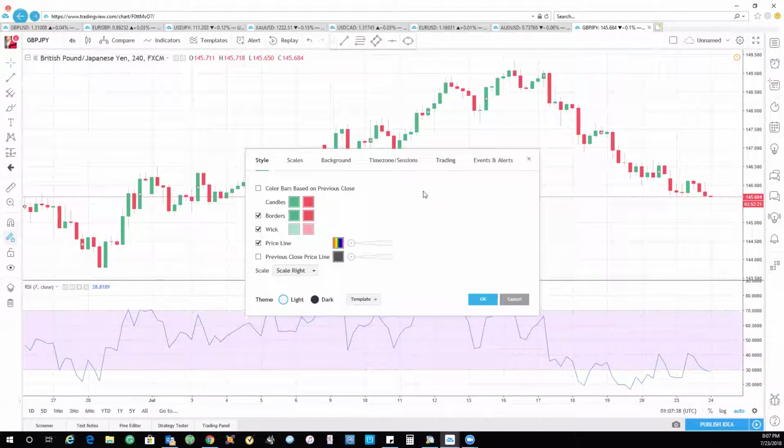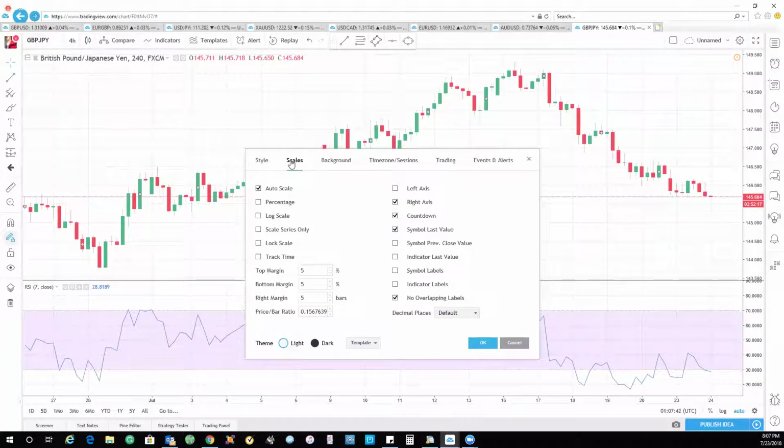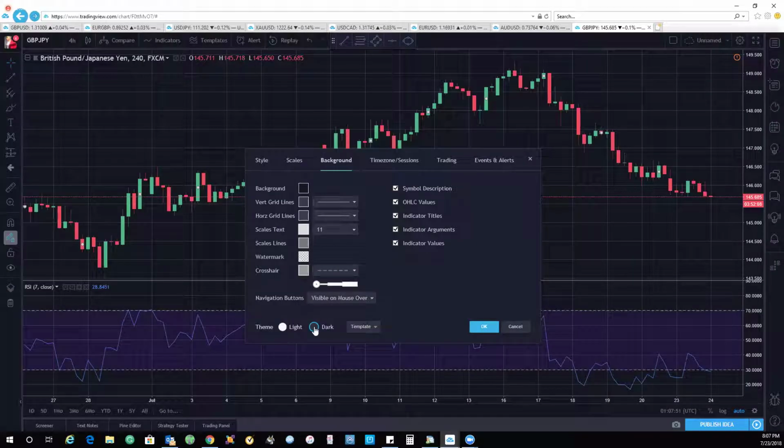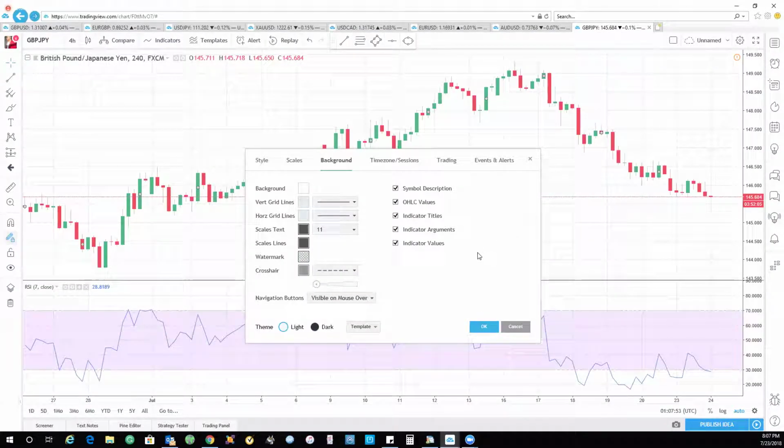Clicking properties gives you the option to scale and design TradingView to your liking. If you want to take the grid off or change the colors, this is what lets you change the theme and switch from black to white.